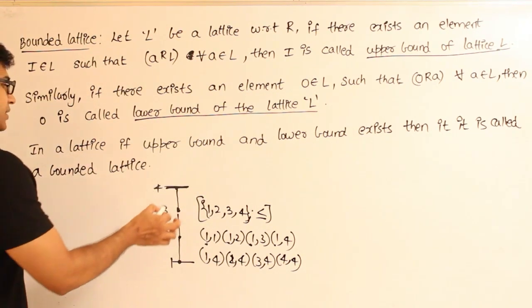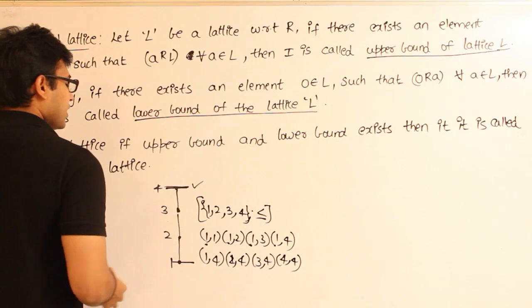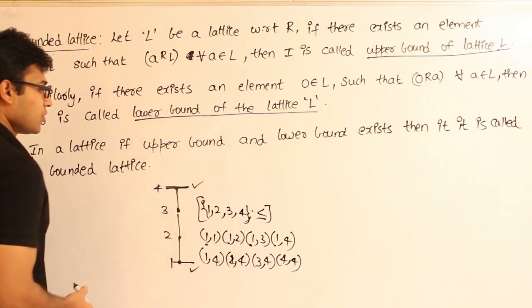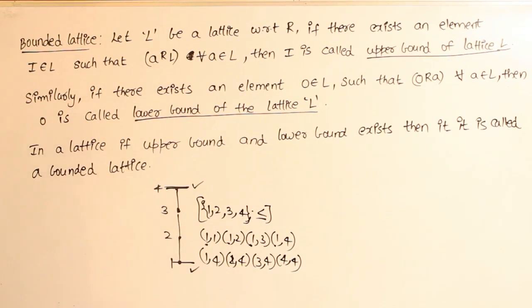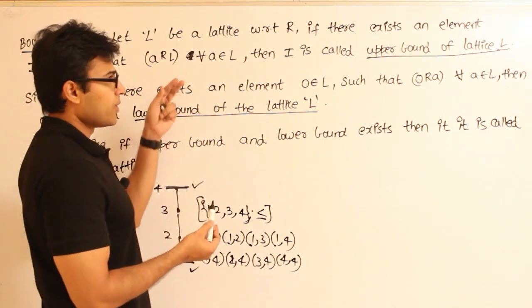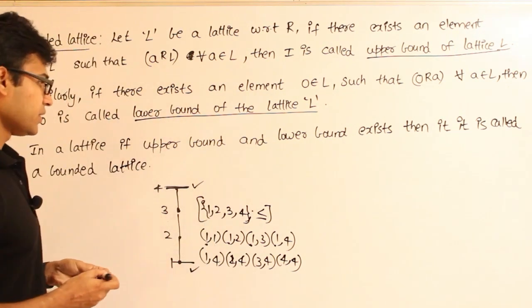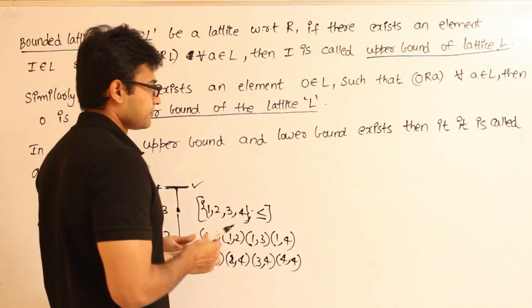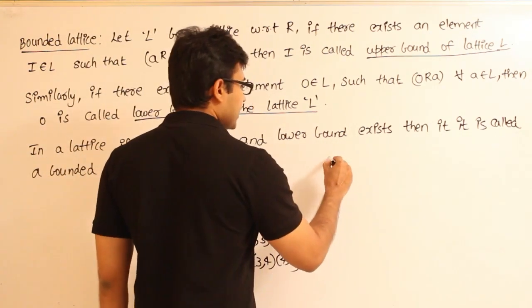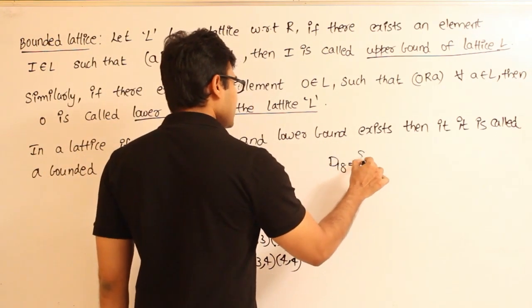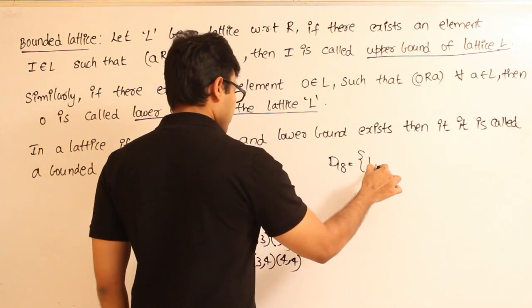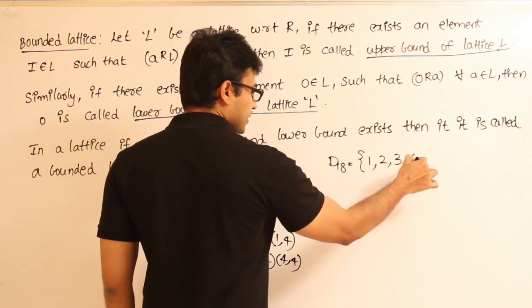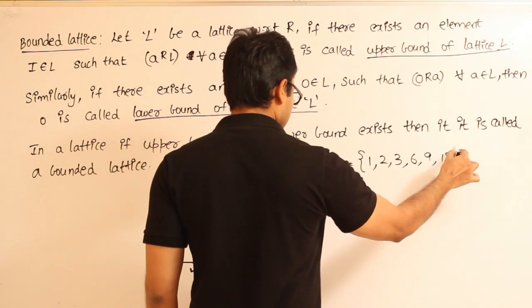Such an element is called the upper bound and this element is called the lower bound, right? Let me take one more example and explain, then we can go back to the definition and look at it. Let us say we have D18, all the divisors of 18. What are they? 1, 2, 3, 6, 9 and 18, right?